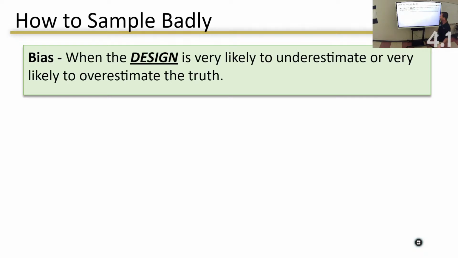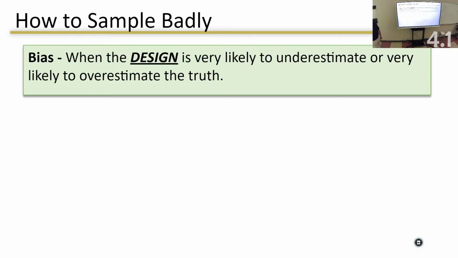So this is a biased sample: when the design is likely to underestimate or overestimate the truth.